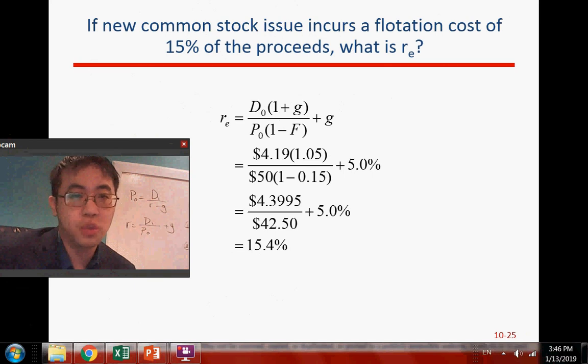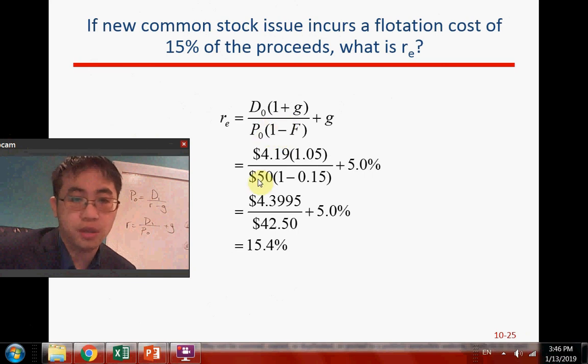The $15 would go to the pocket of the investment bank or the middleman or the underwriter. Okay, so the 15% is how much they charge off the full price of the security, okay, as the underwriting fee. As a result, the company only receive 1 minus flotation, okay, part of the full price.